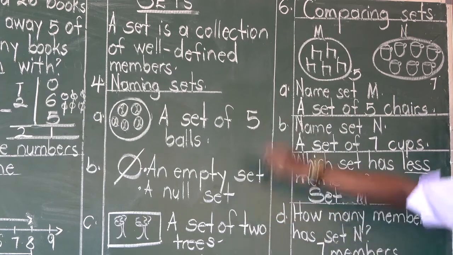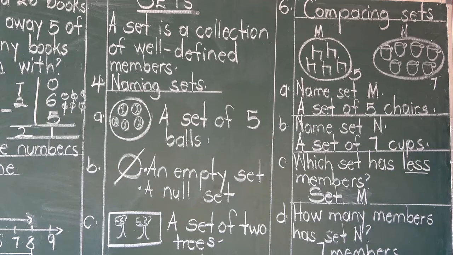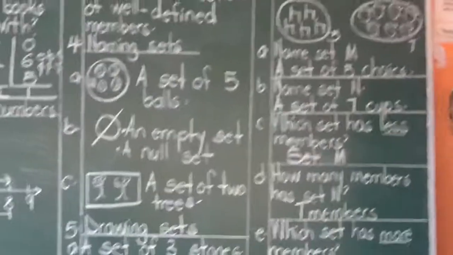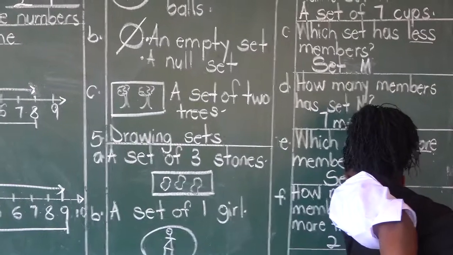Now we are going to take away 5 from 7 and we see how many are going to remain. The easiest way, we are going to cross out 5 from this and see how many cups are going to remain. Now let's cross out the 5. 1, 2, 3, 4, 5. Now, how many more members? 1, 2. They are 2. Our answer will be 2 members.